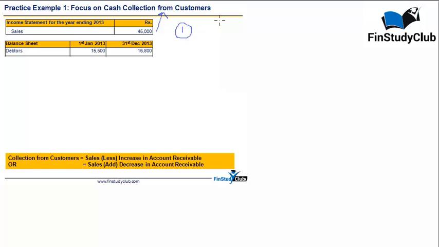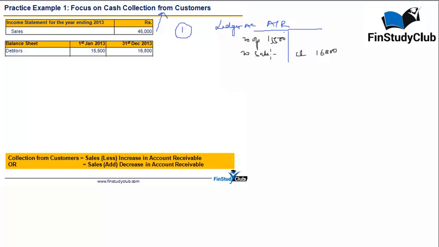First is the easiest and most convenient method of making a ledger account of account receivable. Now all those who have done commerce or have made these accounts will appreciate this, the most important and, should I say, the simplest of all. So your opening account receivables are 15,500, your closing are 16,800.